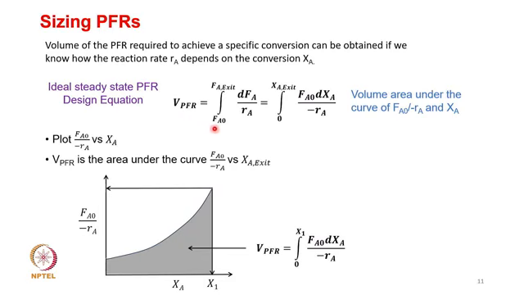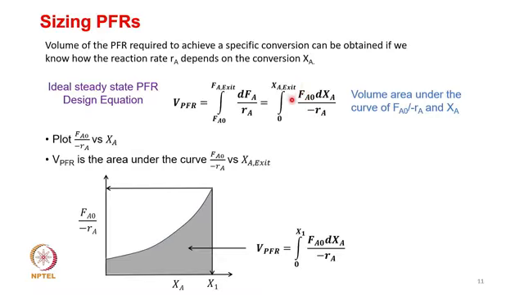Again, it is an integral from FA naught to FA at exit of dFA by minus RA. We can rewrite FA as a function of FA naught, so FA naught times 1 minus XA.